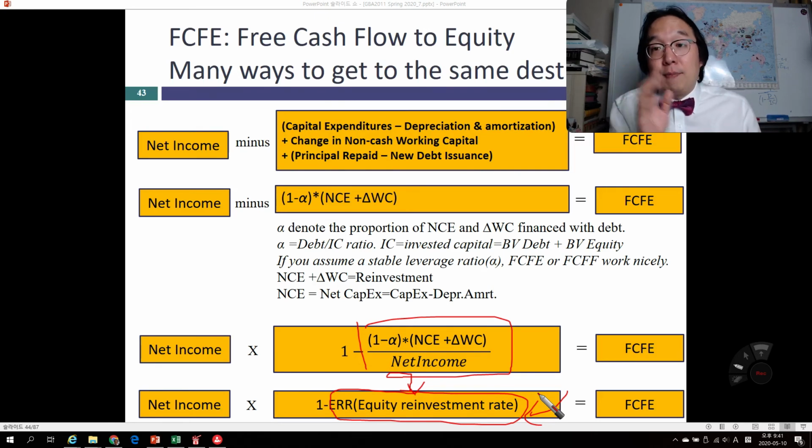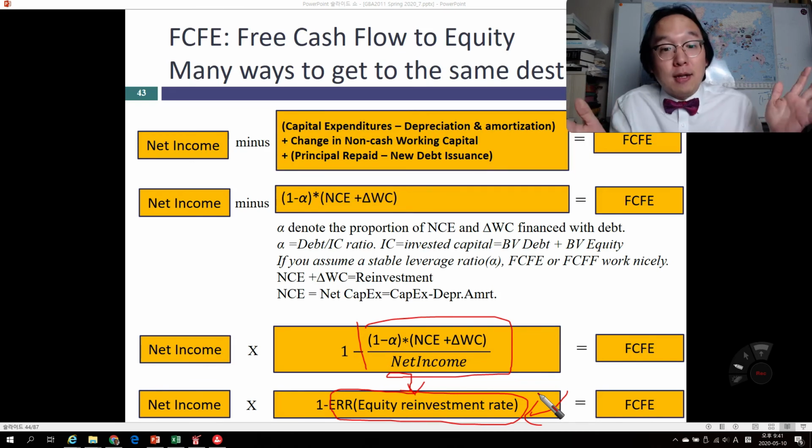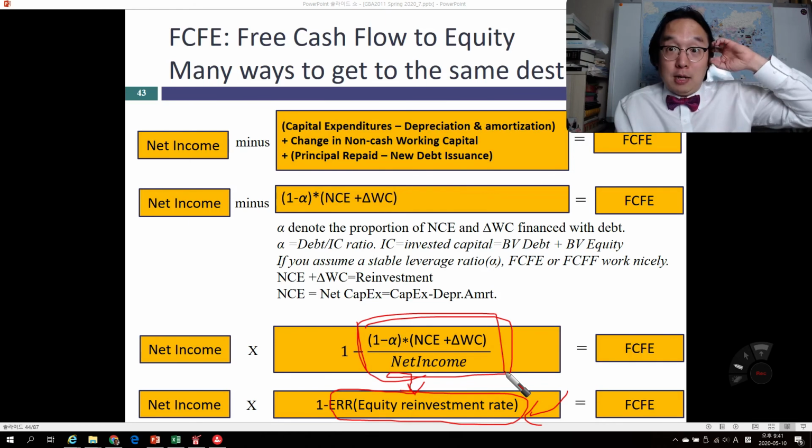For example, if I assume equity reinvestment rate to be like 10%, well, FCFE will be 90% of net income. That's it. The problem may give you this kind of format, equity reinvestment rate thrown out directly to you, instead of making you compute all these ugly things. Makes your life a lot easier.